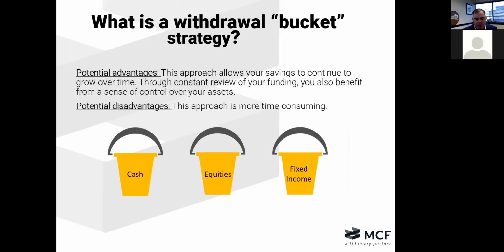And the disadvantage of the bucket strategy is it is definitely more time consuming. It takes a little bit more engagement in managing your buckets as you spend down your safety bucket, your cash bucket. You've got to pick when to refill those.